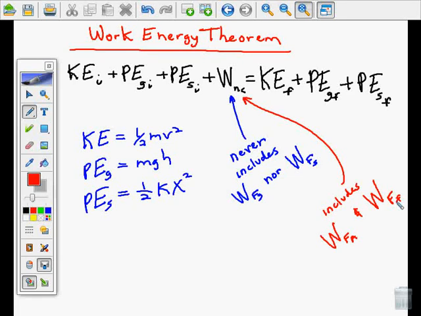And usually it simplifies down. Nine times out of 10, there isn't any non-conservative work, and there isn't any springs involved.